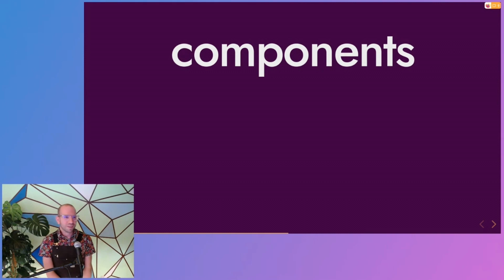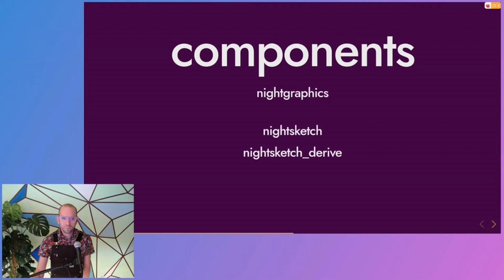So I want to talk about the components of the library, and it's a whole cargo workspace. There are 5 core features, but they're grouped into 3. One, we have Night Graphics, which is the graphics API itself. We have Night Sketch and Night Sketch Derive, which is how I create a sketchbook and easy project management.